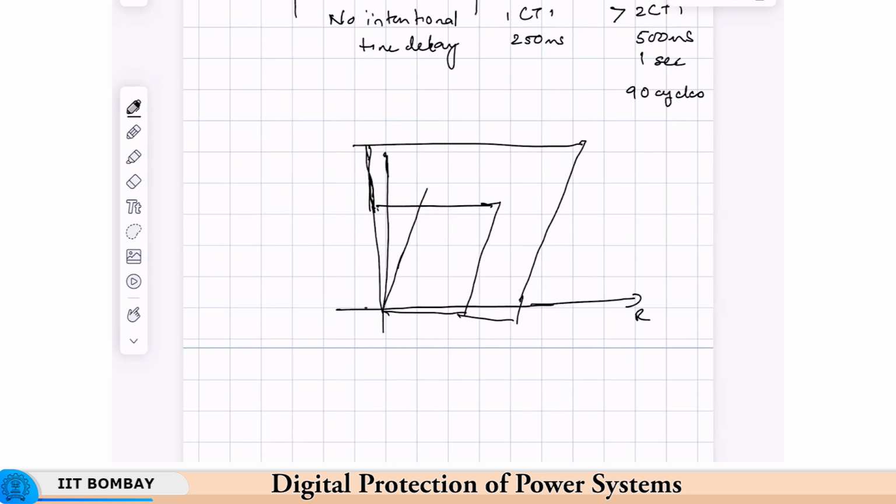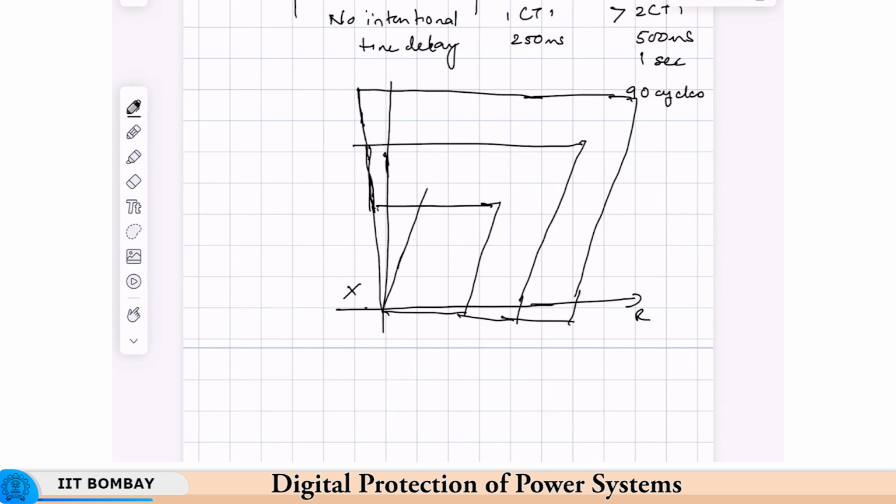This is the R and X plane, this is the X axis, X meaning the impedance axis, and then this is zone 3.